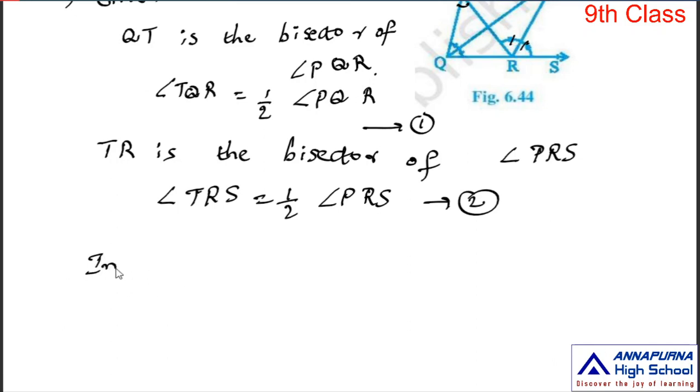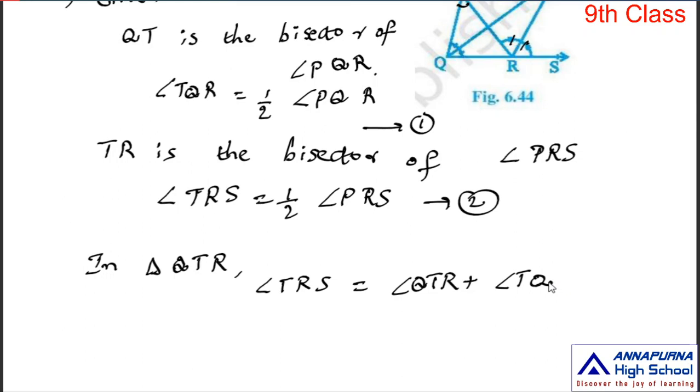In triangle QTR, angle TRS is equal to angle QTR plus angle TQR. This is equation 3.